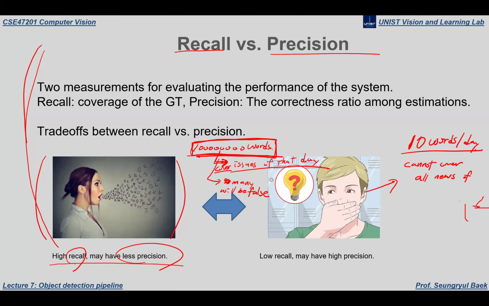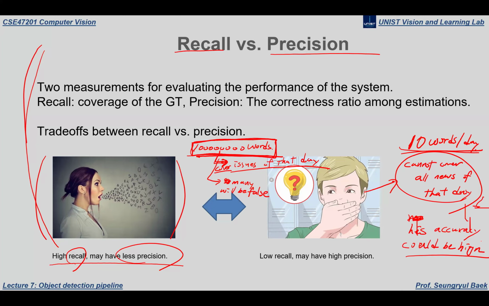Because he tells less, what he tells cannot cover all the things that happened on that day. But among those 10 words, let's assume he always tells the truth. So his accuracy could be high. Are you guys capturing this situation?